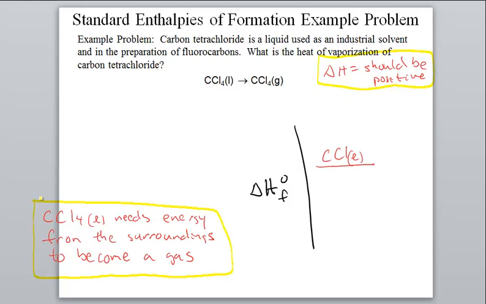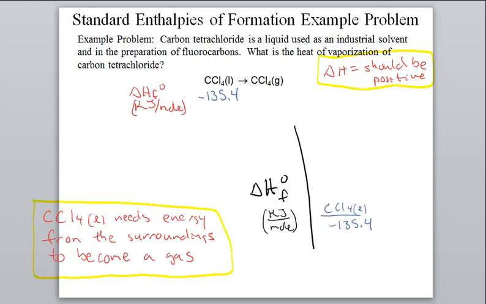Okay, so from the information packet, 1 mole of carbon tetrachloride liquid is at negative 135.4 kilojoules per mole. For carbon tetrachloride in the gaseous phase, the standard enthalpy of formation is negative 95.98. That enthalpy is more positive than the enthalpy of the liquid phase.